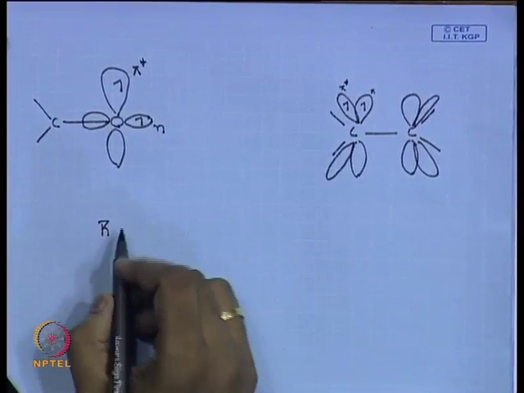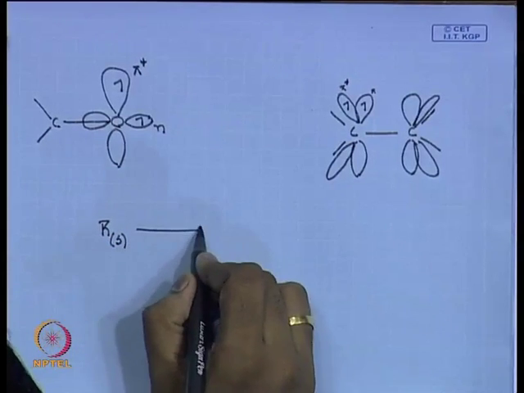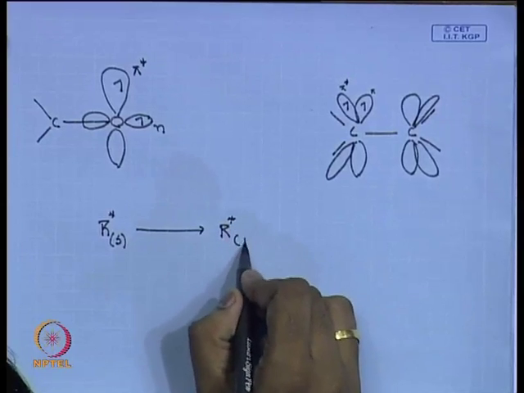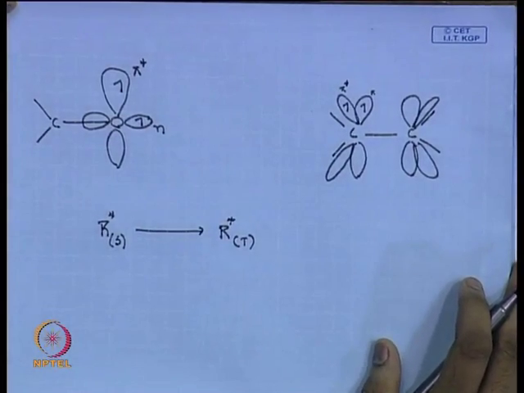So, we can say that now we have at least some idea how this R star singlet is getting to R star triplet and how they dominate your photochemistry, whether the chemistry has to take place from triplet, from singlet, or from either singlet or triplet. This all depends upon the energy levels of your singlet and triplet.